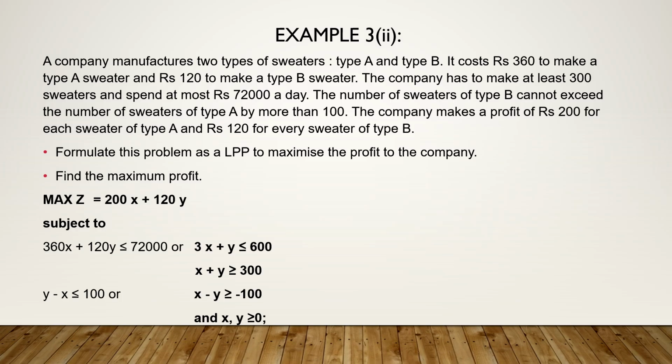Correct? There it can make at most 300 sweaters. So here, since the company has to make at least 300 sweaters, the second inequality will become x plus y greater than or equal to 300. If you remember, in the first case, it was x plus y less than or equal to 300. So only this difference is there. Now let us see how it makes a difference to the solution.